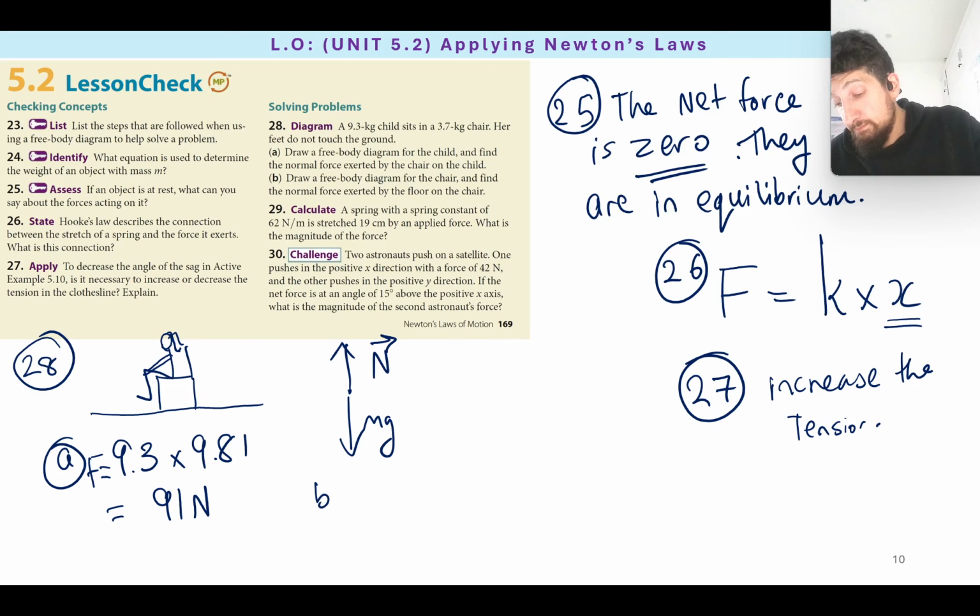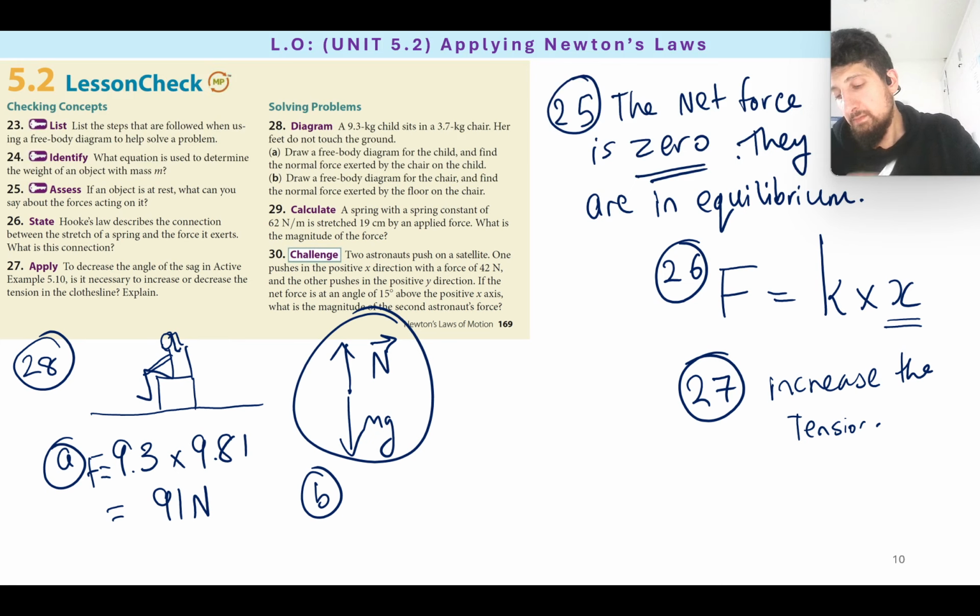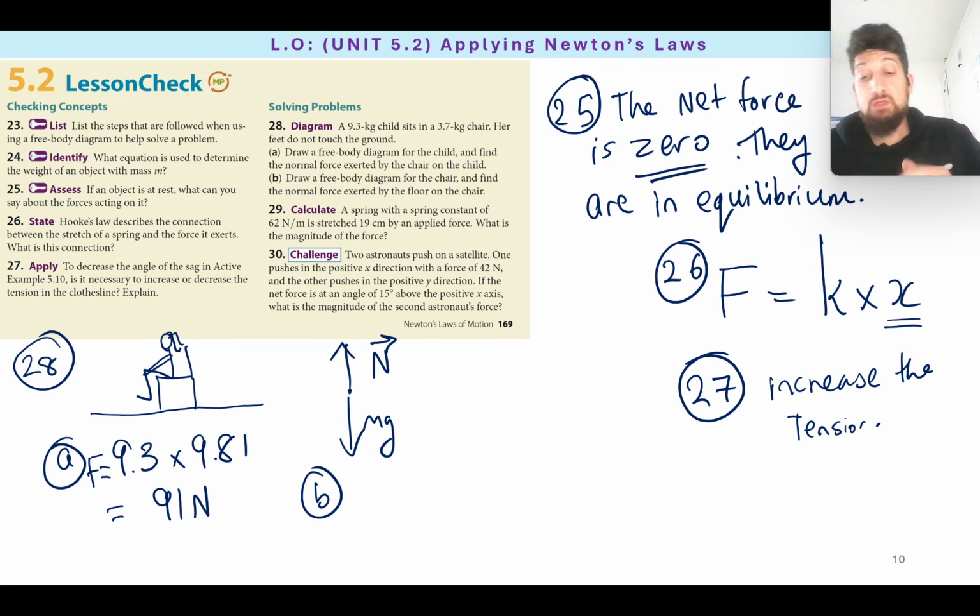B, draw a free body diagram for the chair, and find the normal force exerted by the floor on the chair. Well, it's exactly the same. They want to know the force being applied by the floor on the chair. Remember, the chair is also carrying the child.